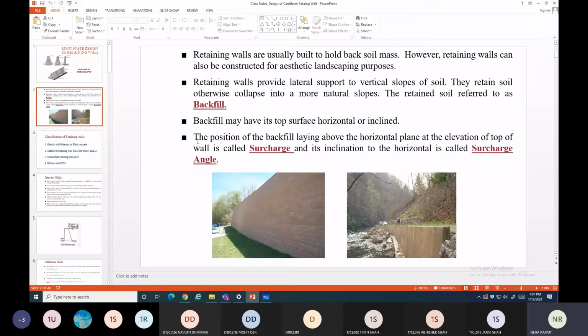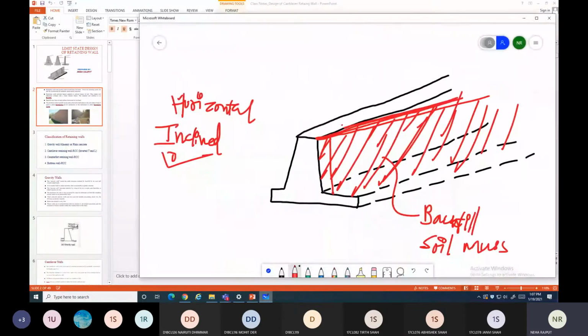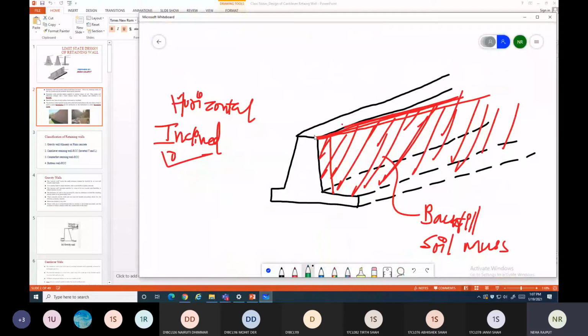The portion of the backfill lying above the horizontal plane at the elevation of the top of the wall is called the surcharge. Now this is the surcharge, the additional load acting on top of the backfill. So if the red color is the backfill, then if any other load is acting above that, that other load is known as the surcharge load, right?